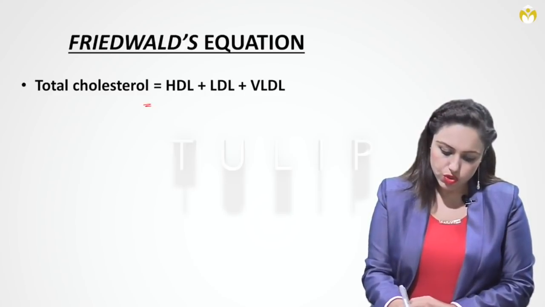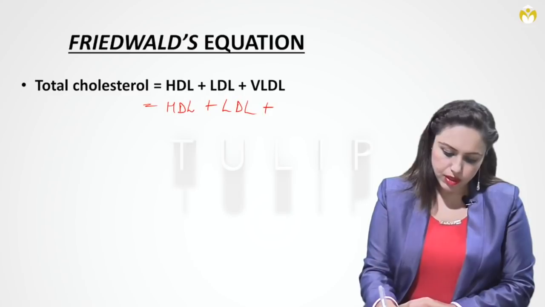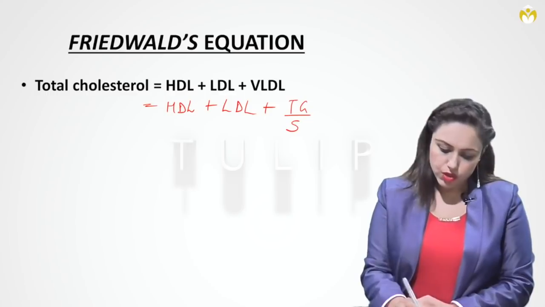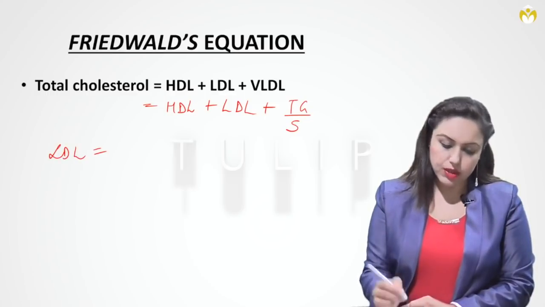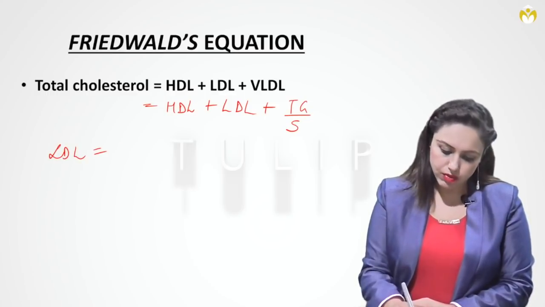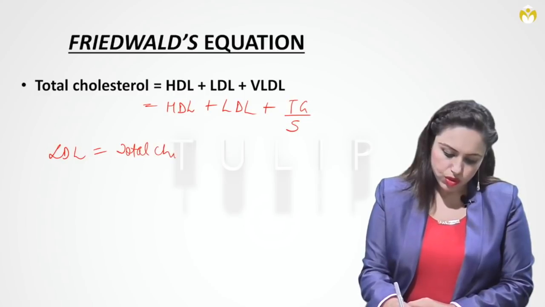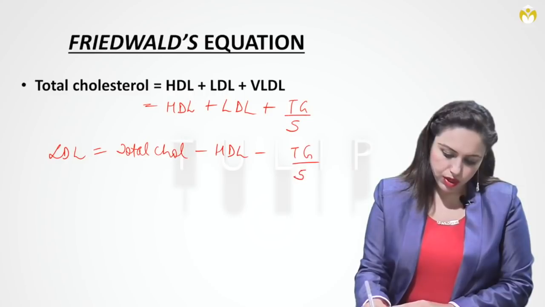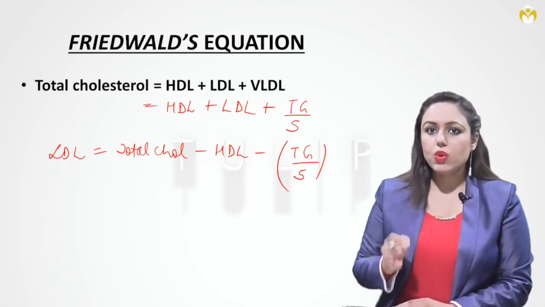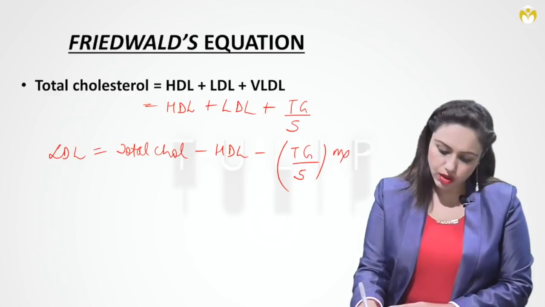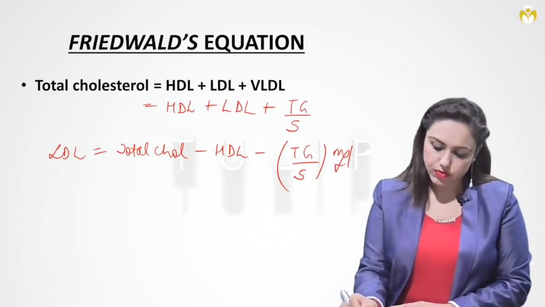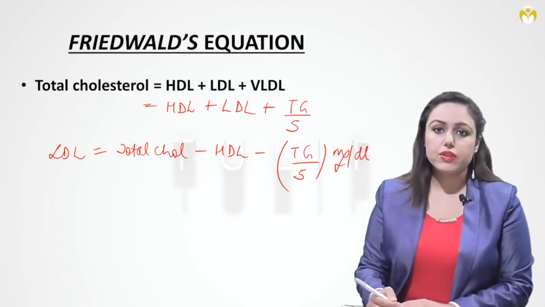So total cholesterol is equal to HDL plus LDL plus VLDL, where VLDL is equal to triglyceride by 5. So in that case, if we have to calculate LDL, then LDL will be total cholesterol minus HDL minus triglyceride by 5. You have to use this equation when the units are given in milligrams per deciliter.